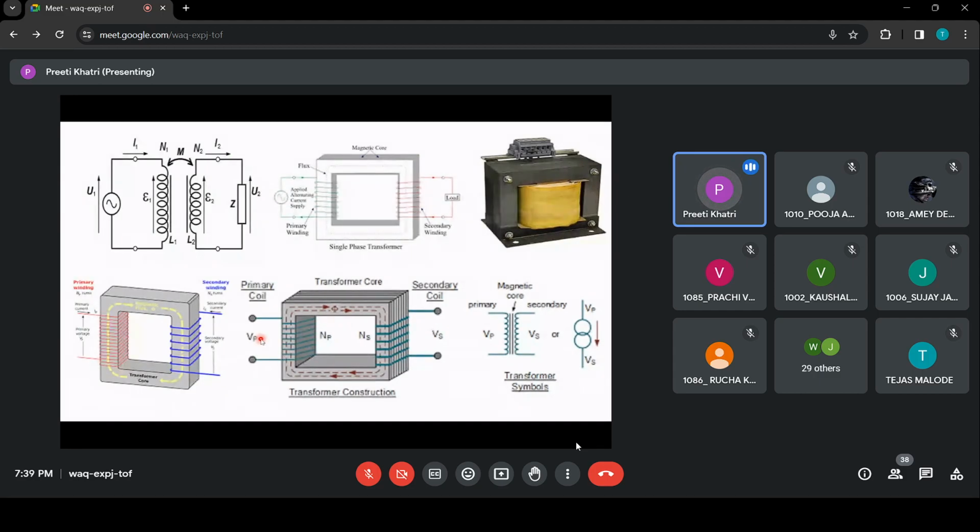So you will see here that these two coils which are present, they are having high mutual inductance. And if you are connecting one coil here, that is, if this coil is connected here to my AC voltage, then what will happen? An alternating flux, this flux which is written here, is produced, which is set up or it is flowing in the magnetic or the laminated core here.